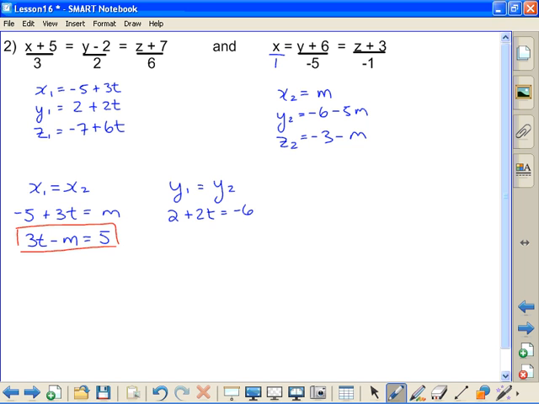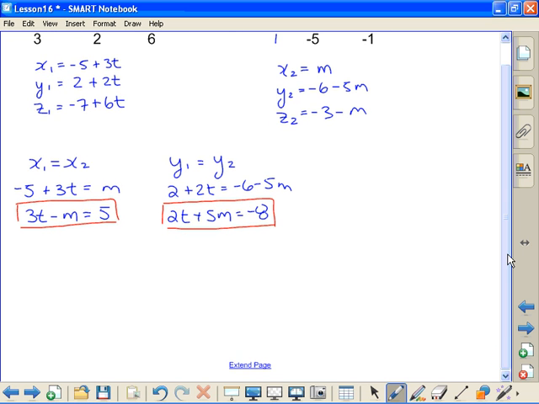It does not matter. So simplifying that, 2t plus 5m equals negative 8. I'm going to stack them on top of each other and solve. Maybe for this one I'll just write it out. I was going to multiply the one equation to save myself a bit of writing, but you can see that shortcut yourself.